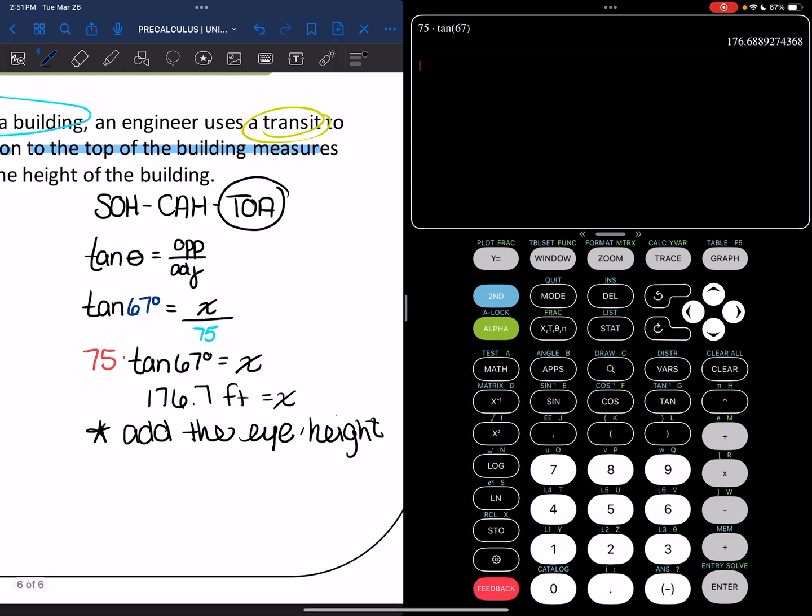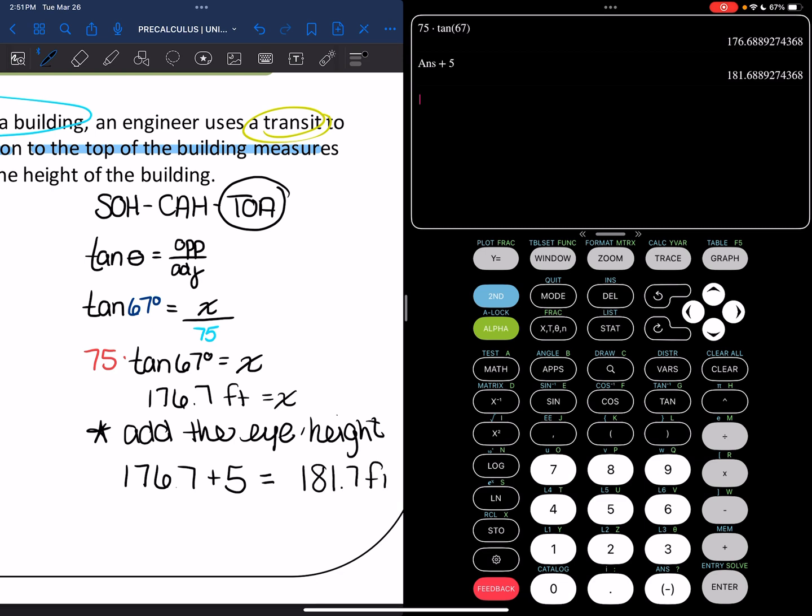So we need to add that 5 feet to it. So we're going to take 176.7 and add the 5, and that will give us our total height of our building, which is 181.7 feet. And there you have it.